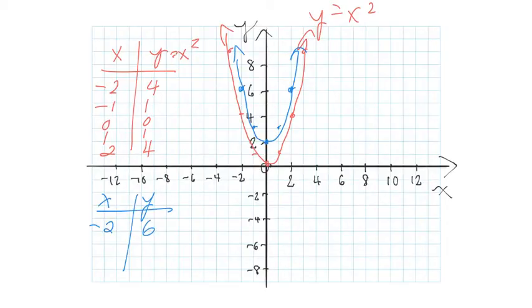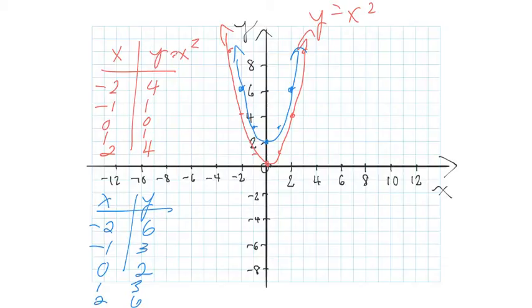And when x is negative 1, my y value is 3. When x is 0, my y value is 2. When x is 1, my y value is 3. And when x is 2, my y value is 6.